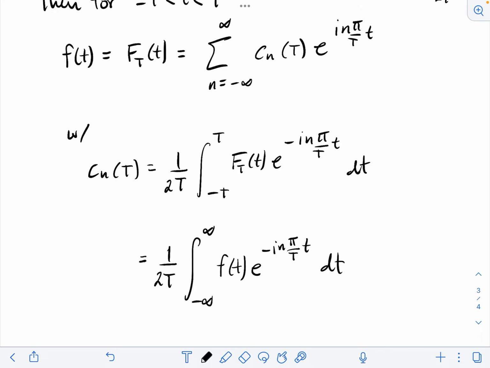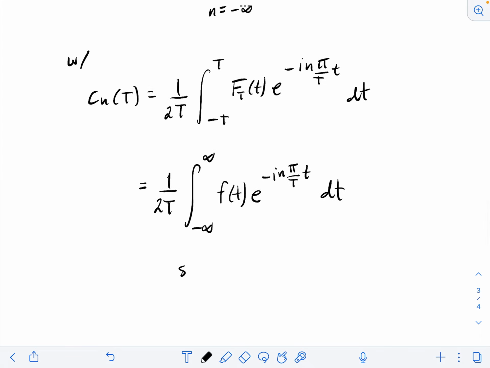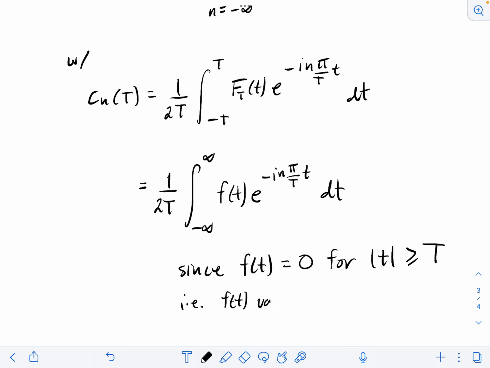And this works since f of t is equal to 0 for values of the absolute value of little t greater than or equal to capital T. Okay? i.e. f of t vanishes outside of the time interval from minus T to capital T.